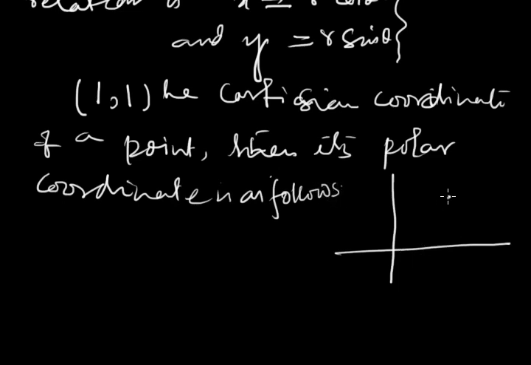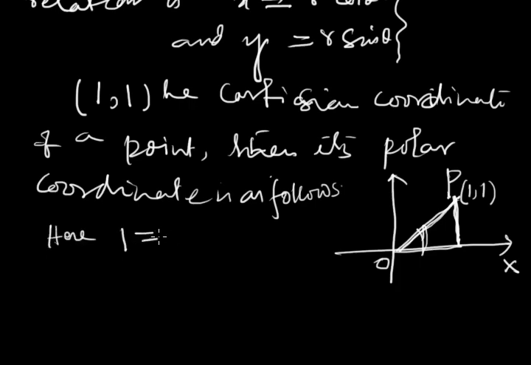Here (1, 1) is this. This is 1 and this is also 1. So this is the origin and this is the initial line. If P be the point (1, 1), then we have to find the distance OP and angle POX.